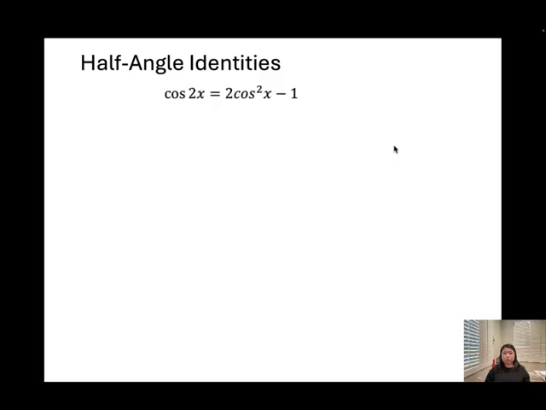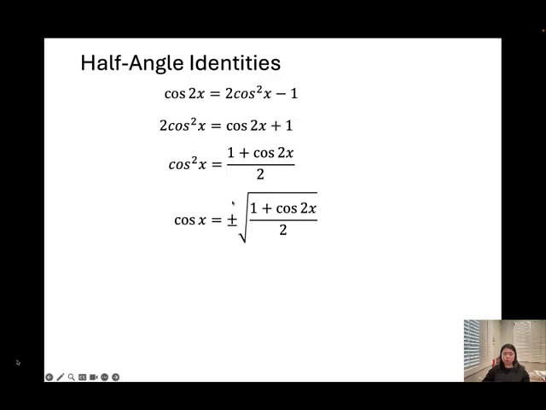Now we want to find the half-angle identity for the cosine x. We try to isolate the cosine squared x here, so we can add 1 to both sides, and then divide the whole equation by 2. Same idea, we take the square root of both sides and make sure you have a plus minus here.